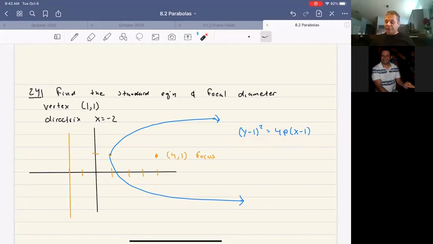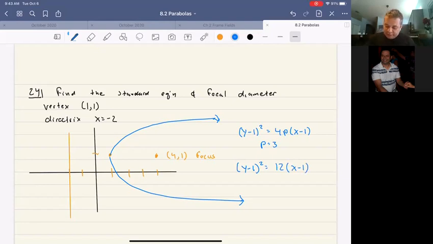Also (1, 1) satisfies my vertex; if I have (1, 1), I get 0 on both sides. What's my p? My p is this distance, which is 3. So y minus 1 squared equals 12 times x minus 1.